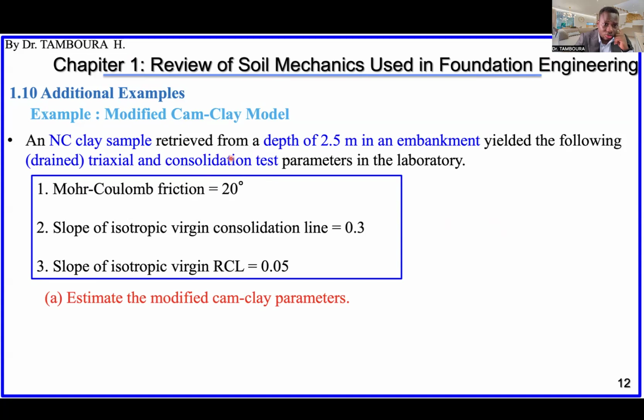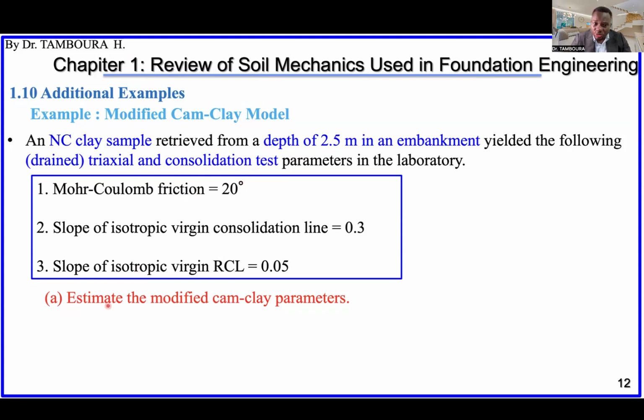Using the consolidation test, you can get this line. Okay, so the thing is, we want to use maybe the modified Cam clay model in numerical analysis, from the soil parameters obtained from this soil sample.